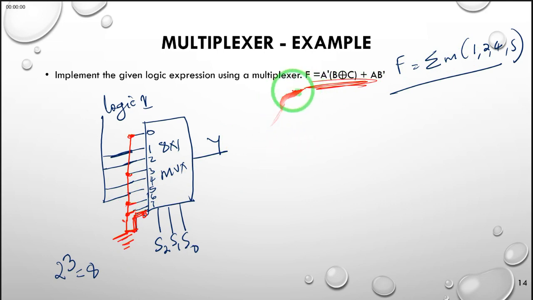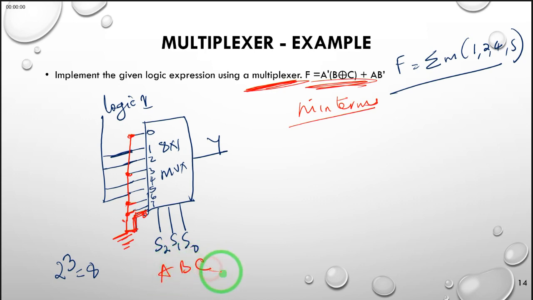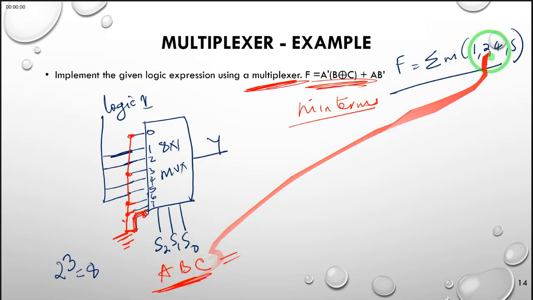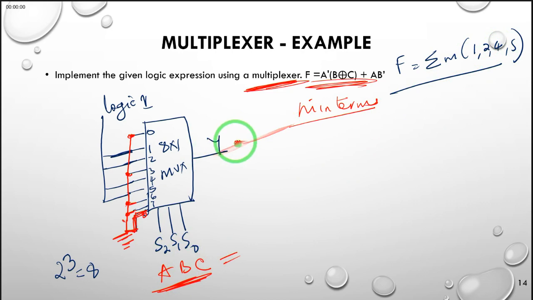We just noticed that the only requirement is to express the function in terms of minterms. Once we have done that, the minterms that we have go to logic 1, all the others that are not there go to the ground, and the select lines function as our inputs A, B, and C. Therefore, when the combination of A, B, C gives you a 1, our output will be a 1.